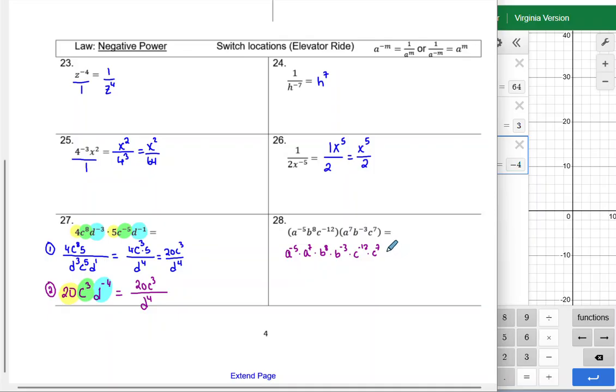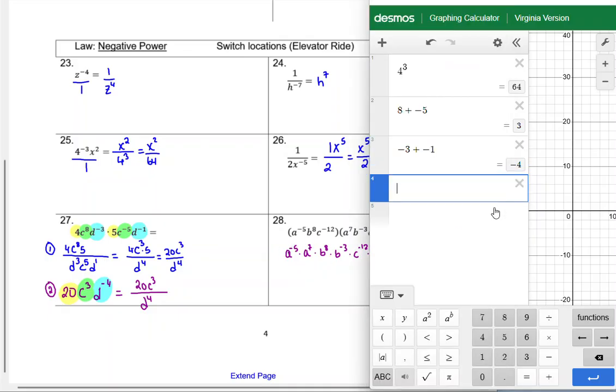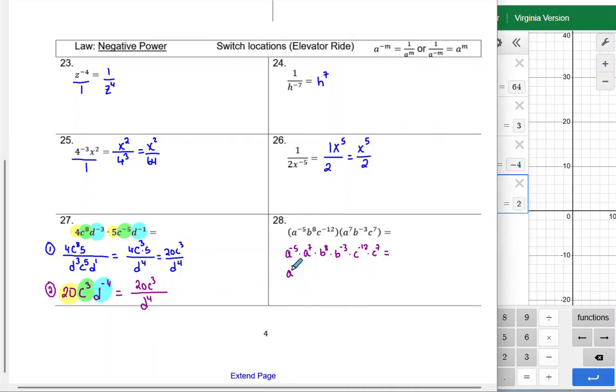Now you add the exponents, so -5 plus 7 is +2. So that's good. The negative goes away on its own.